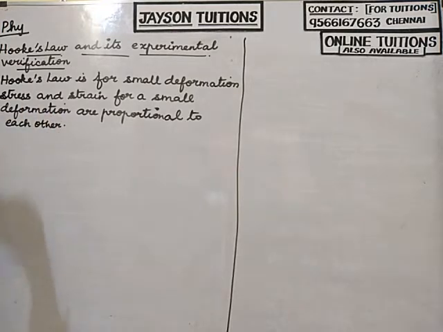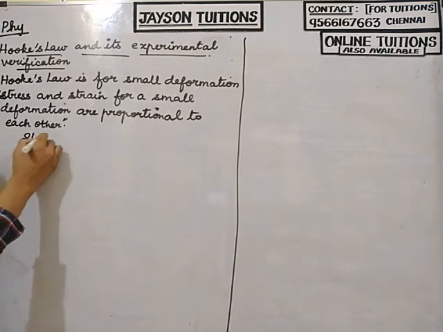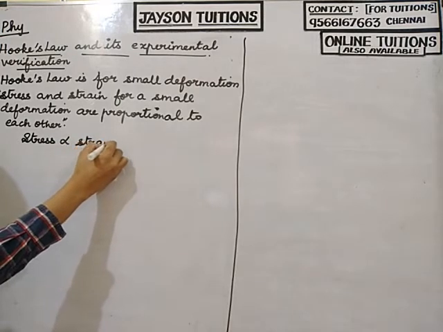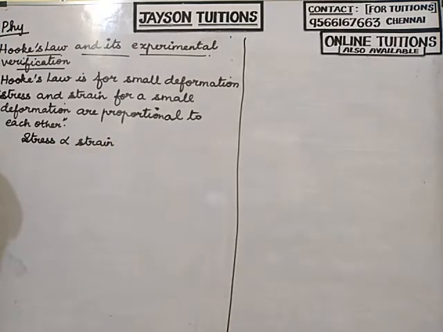This is only called as Hooke's law. So stress is proportional to strain. That is only called as Hooke's law. So we can write stress is proportional to strain for a small deformation.